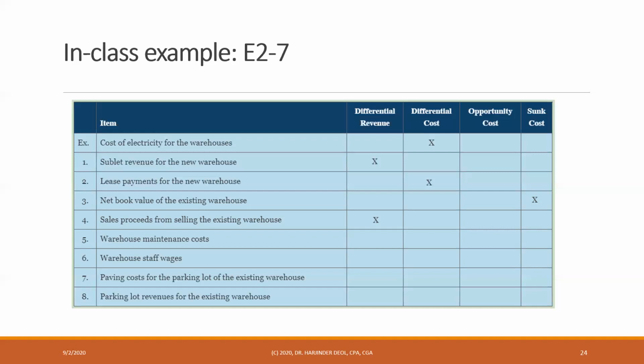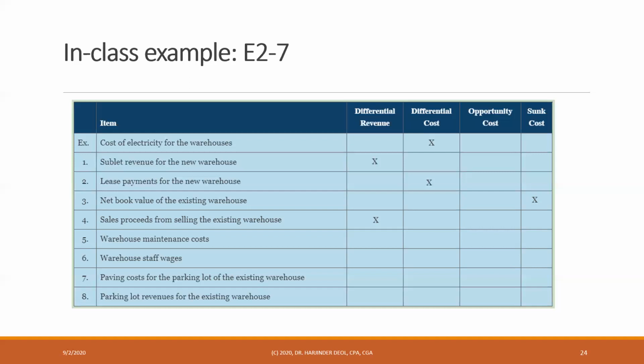I guess that's where the intent was for the textbook authors. They've put it under differential revenue, take it with a pinch of salt. It isn't really revenue, it is actually cash flow coming in. It's just selling off an asset. Sale of an asset does not result in revenue.